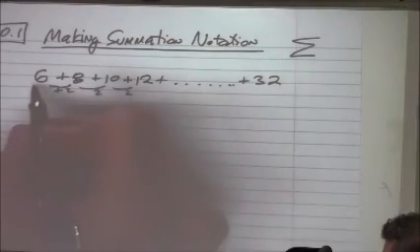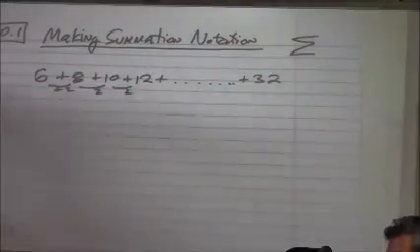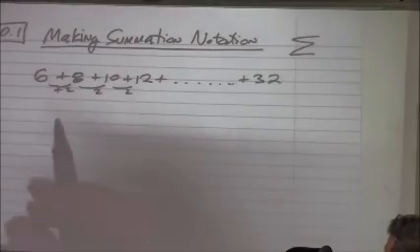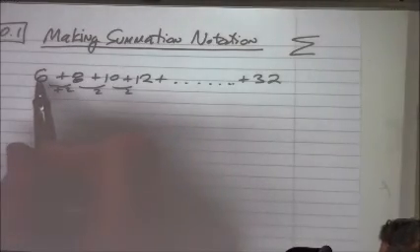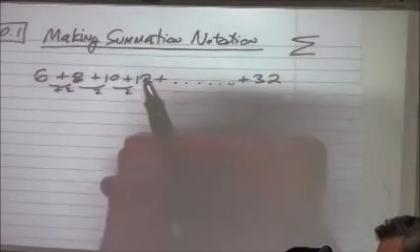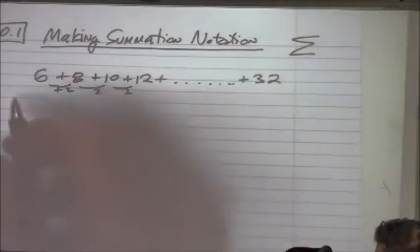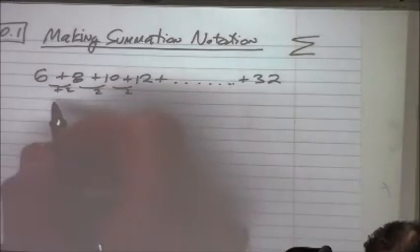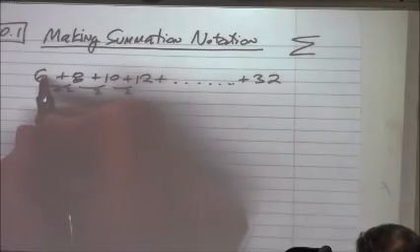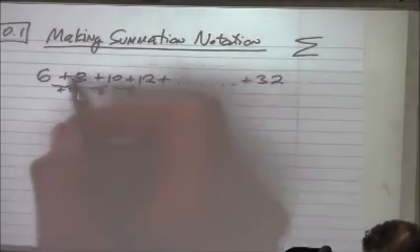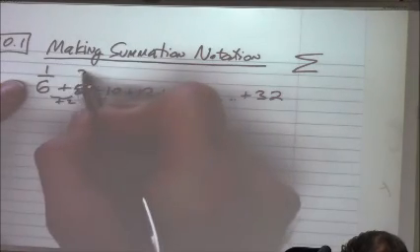But I'm starting off with a 6, so I have to work with different ways and think about how I could make that. What do I do to 6 to get to 8, but starting with 6? This is the first term. This is the second term.